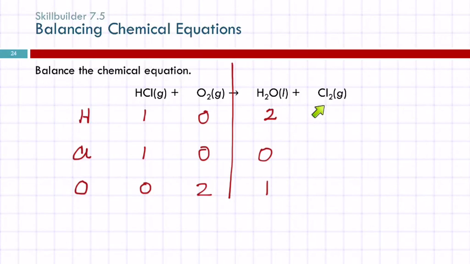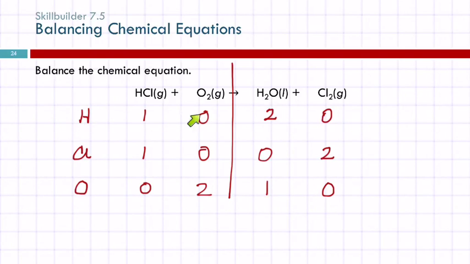And then in this Cl2, no hydrogens, 2 chlorines, and no oxygens. You okay with how I did that? If you don't like the tally thing, balance it the other way and see if you come up with the same answer I'm going to get to.